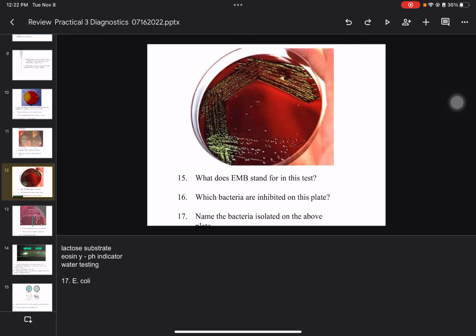Praveen, can you say what's on the bottom, the third row? Enterococcus faecalis and faecium. And that is directly off the chart.